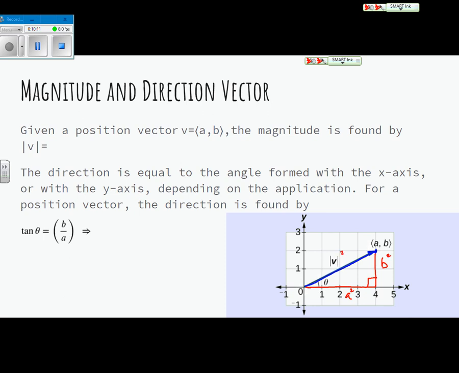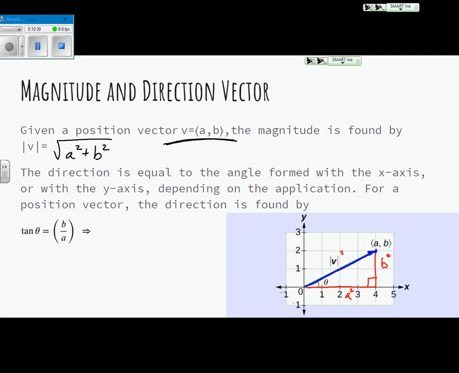Well, in this case, c is going to be the magnitude of v. So if I solve this for the magnitude of v, it is simply going to be the square root of a squared plus b squared. But I have to have it in this component form going forward.